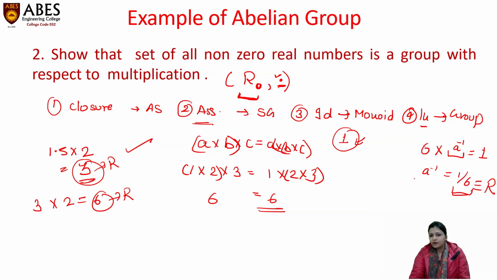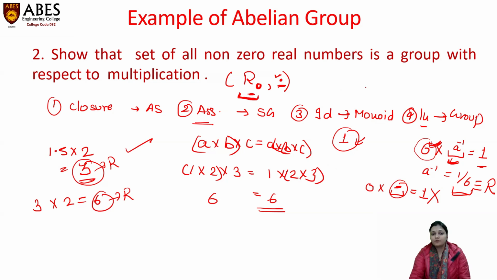So whenever we take any real number, we will always get a real number as its inverse. So inverse exists for each real number except 0. If we consider 0, what should I multiply to 0 so that I can get identity element? There is no number, so inverse of 0 does not exist.